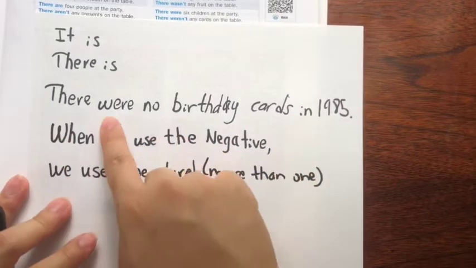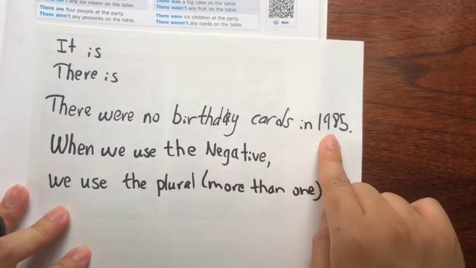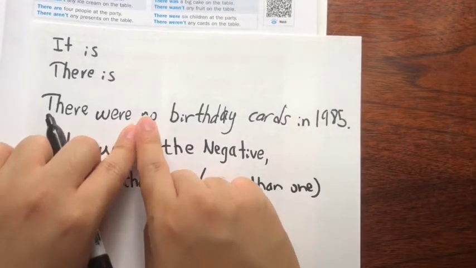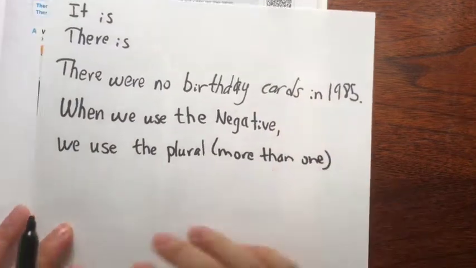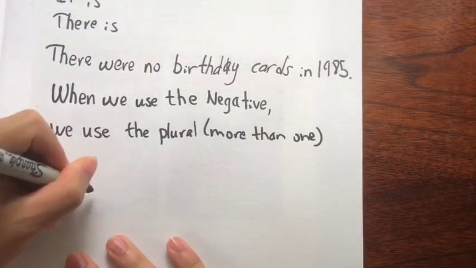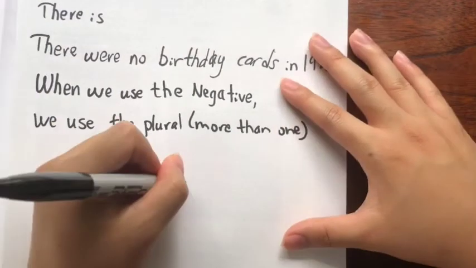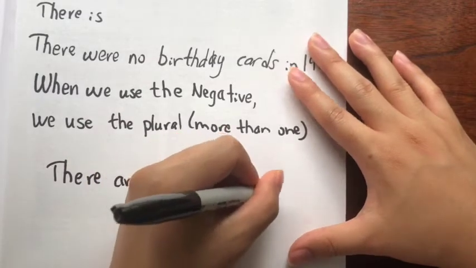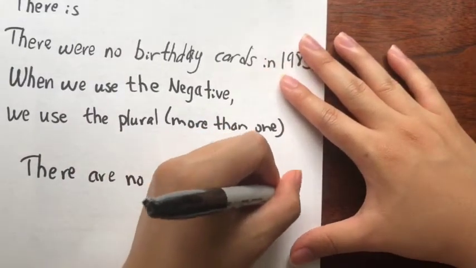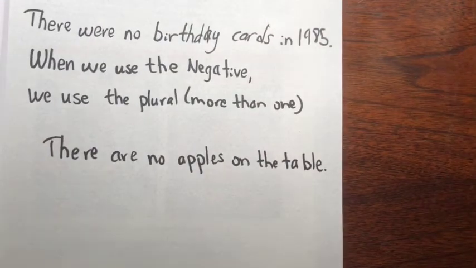So we say there were no birthday cards in 1985. Because we have a negative, we say there were no, we use birthday cards. There are no apples on the table.